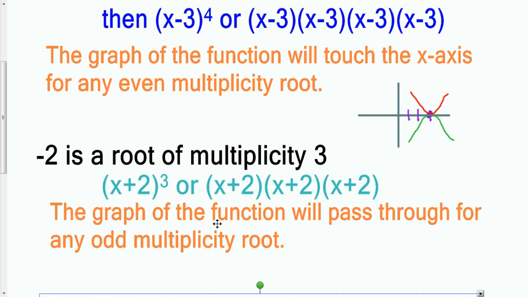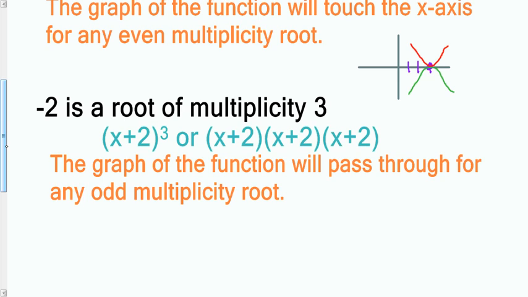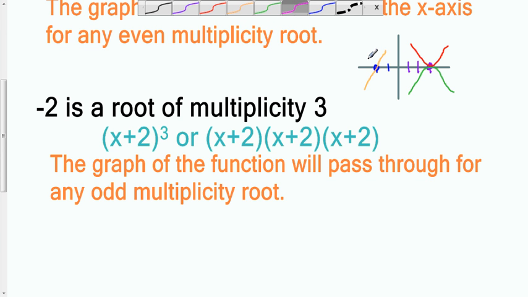Anytime there's an odd multiplicity, then the graph of the function will pass through that coordinate. And so at a negative 2, we know that our graph will either pass through going like this, or it will pass through going like that. So evens it touches, odds it runs through it.